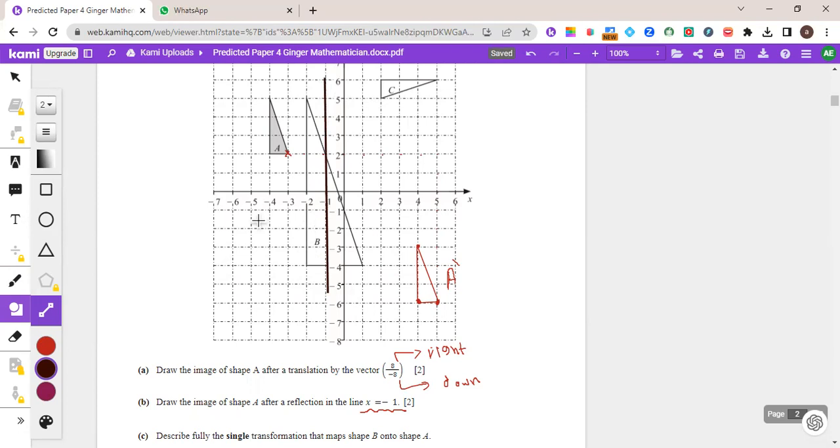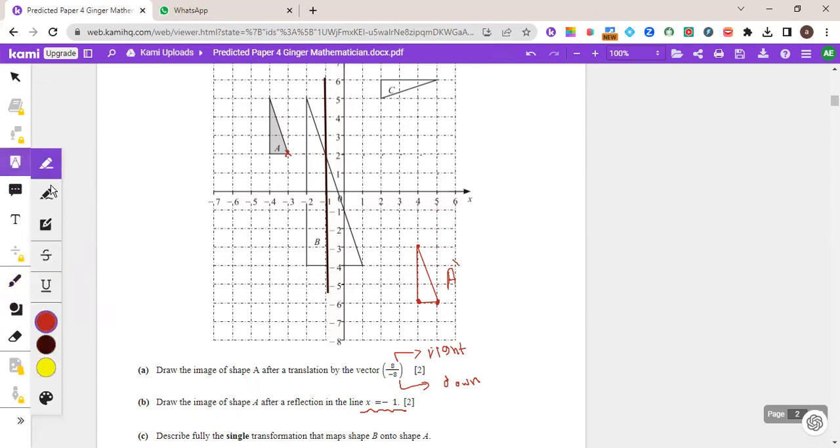Then we need to draw the image. As you see, from this vertex to the line, how many units? 1 2 3. Then I will go to the other side, 3: 1 2 3.